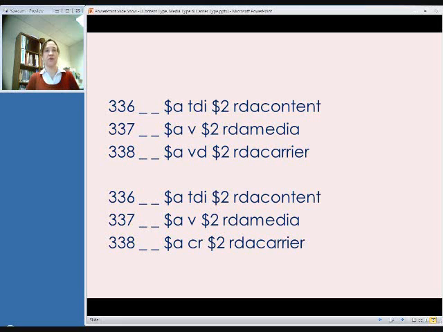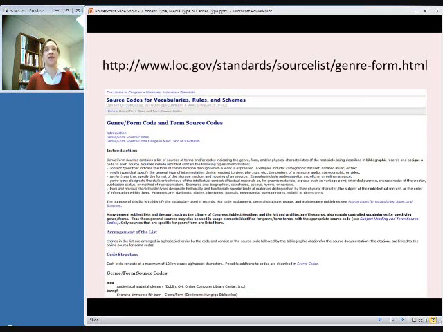So there are codes that the computer can understand for these things as well, and that is how it would look if you used codes for the discs in the top example, either Blu-ray or DVD, and for the online streaming video in the second example. And here is the list where those RDA media, RDA content, and RDA carrier codes in subfield 2 come from. It's the list of genre form codes and term source codes on the Library of Congress website. And so that is where you can find out what to use in subfield 2 for the 336, 337, or 338 field.